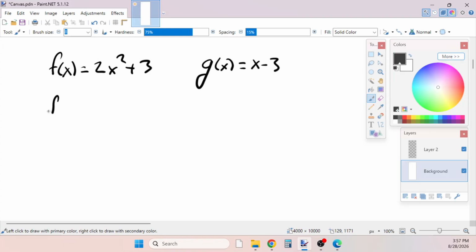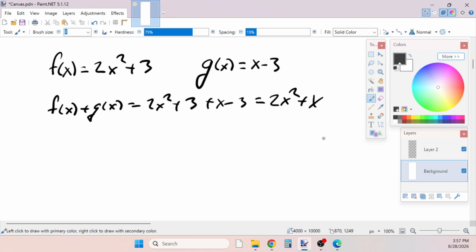Now I can do things like f of x plus g of x. Maybe I can simplify that. 2x squared plus 3 plus x minus 3. 3's cancel. I get 2x squared plus x.